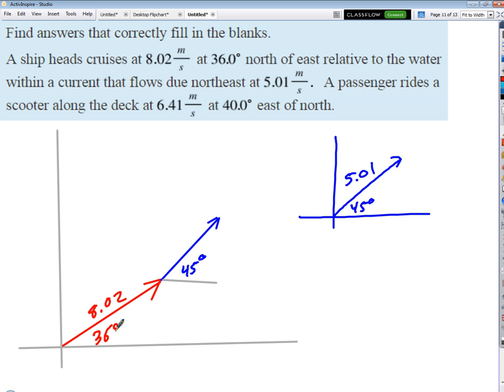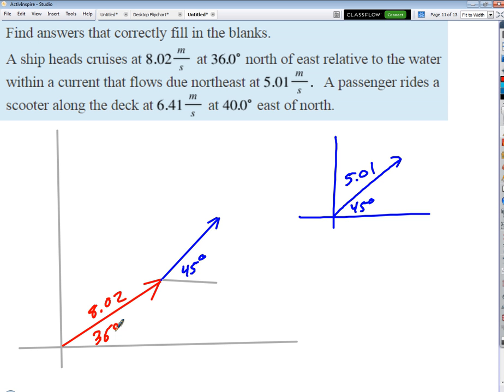And then the last one is, now this is tricky. It's 6.41 meters per second at 40 degrees east of north. What does that mean? Okay, good. So now we're starting at north, and we're rotating to the east, right?